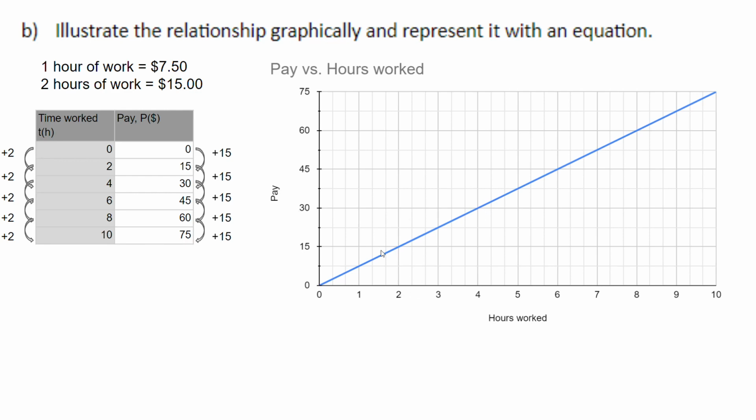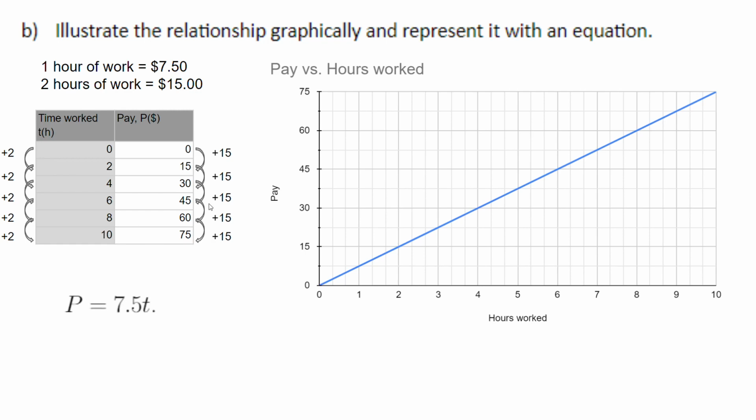Now to get from 2 to 15, we multiply by 7.5. To get from 4 to 30, we multiply by 7.5. To get from 1 to 7.5, we multiply by 7.5. To get from 10 to 75, we multiply by 7.5. That's what that means for the dependent variable to be a constant multiple of the independent variable. And that's why it needs to pass through the origin.